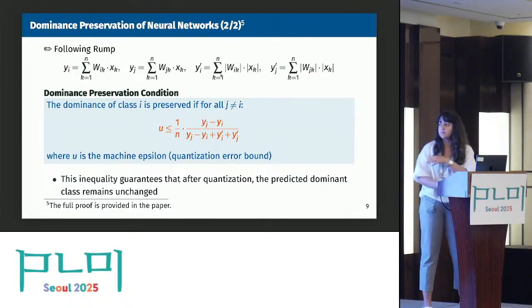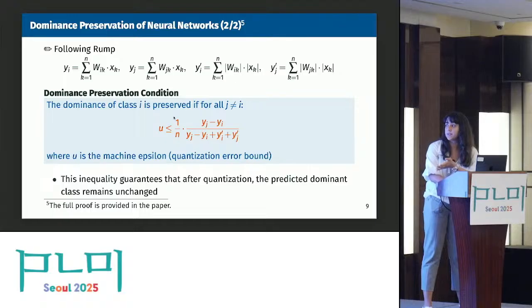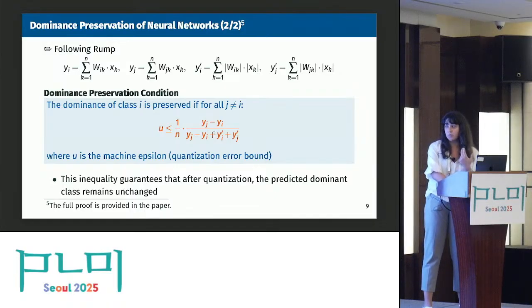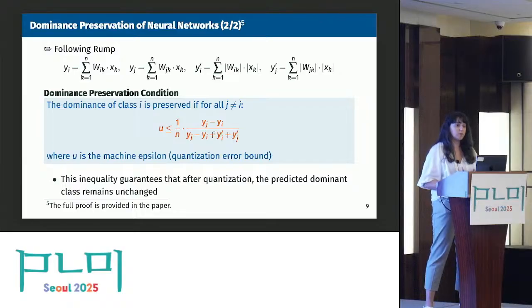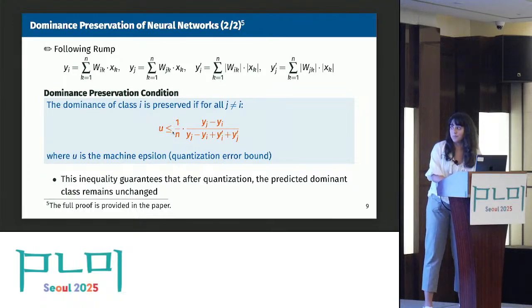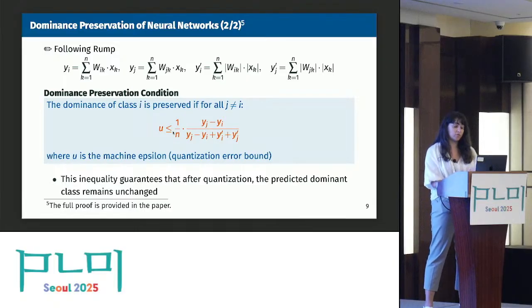Following Rump, the dominance of the class is preserved if our epsilon machine, which is the error bound of the quantization of our neural network, is less than or equal to this quantity. The full proof of this proposition was provided in the paper, and this orange inequality guarantees that after the quantization that we did with our method, the predicted dominant class remains unchanged.